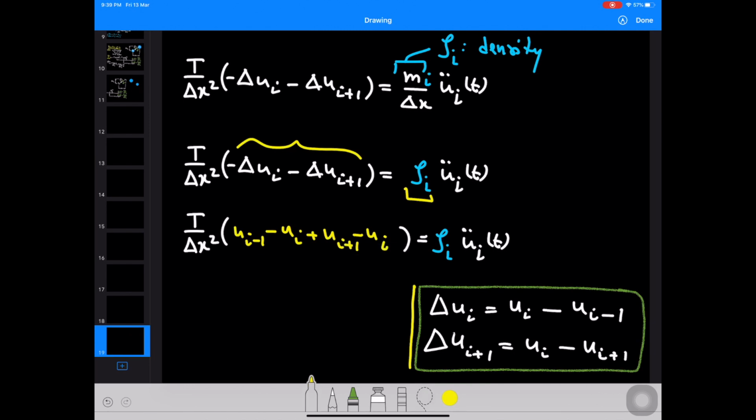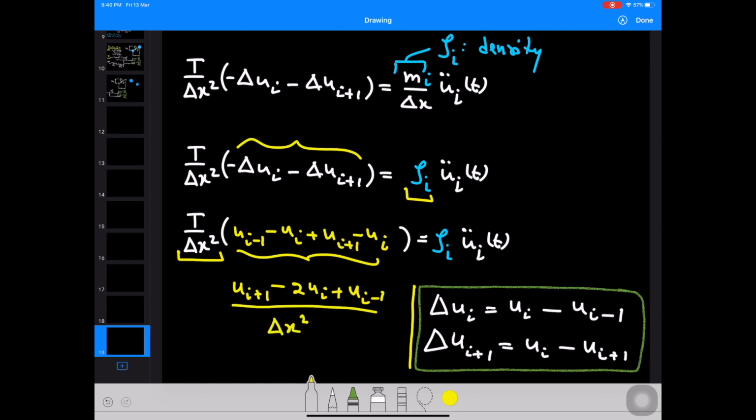Then if we simplify this piece of the equation, we get u_i plus 1 minus 2u_i plus u_i minus 1, over delta x squared. So if you put this over delta x squared, this reminds you of what? When delta x goes to 0, this will be approximately the second derivative of u with respect to x.